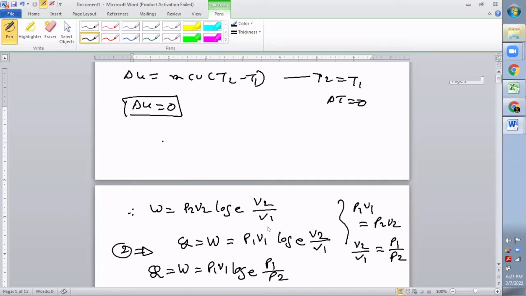At the same time, we also come to know one more important thing in the isothermal process: Q is equal to W, because here del U is equal to 0. So Q is equal to del U plus W, and del U is equal to 0, so Q is equal to W. And we define W in terms of V2 and V1. If you have the data for P1 and P2, you can also define this for P1 and P2.